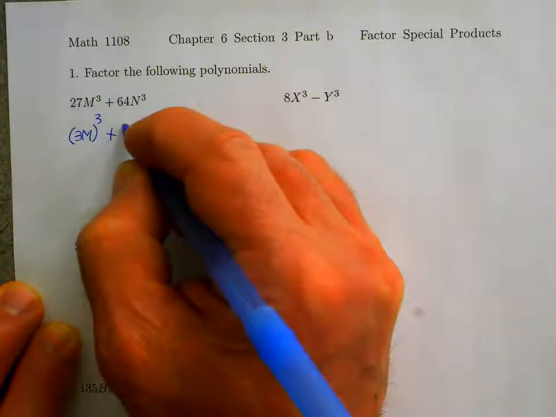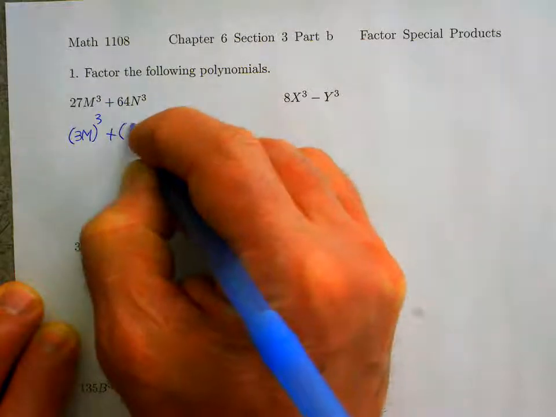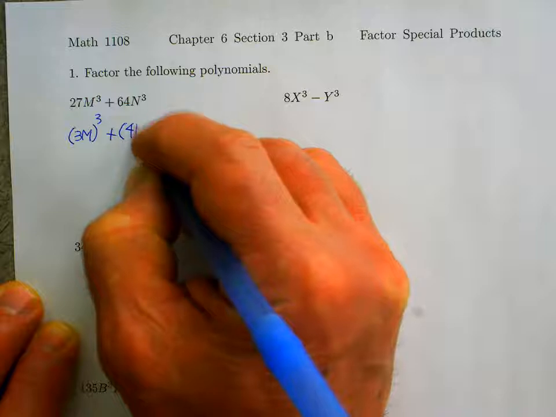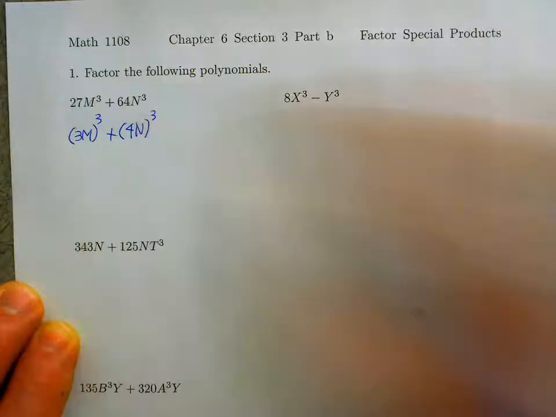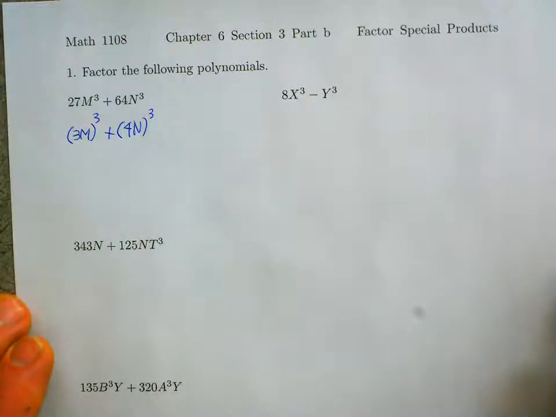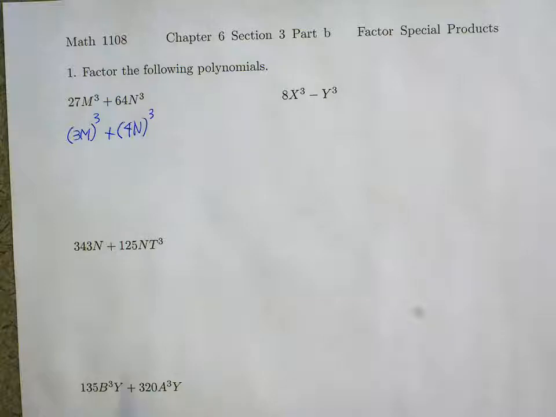That's the more obvious one. But if we raise the term 4n to the third, we get 64n to the third. So we're factoring a sum of cubes.